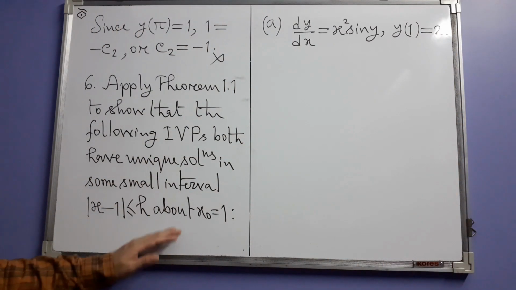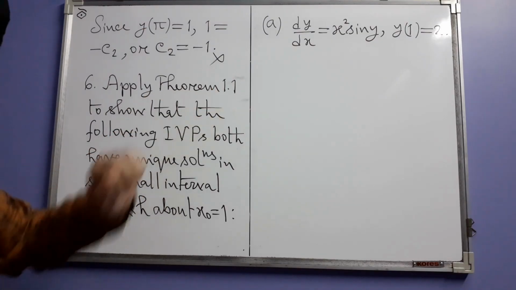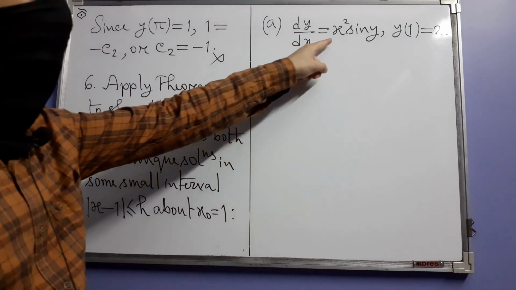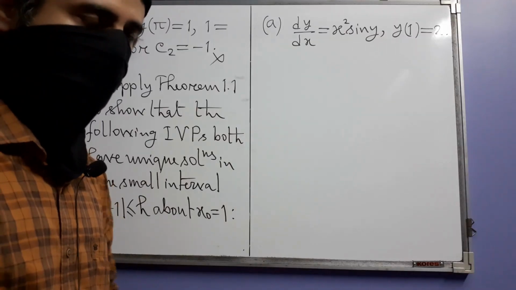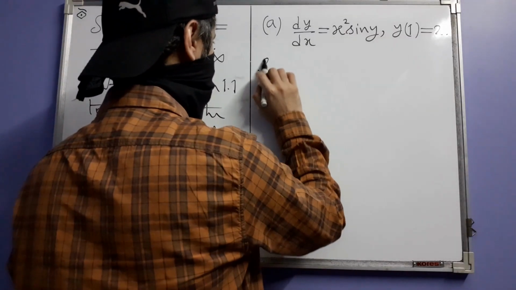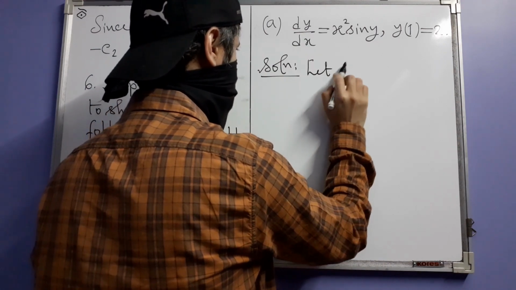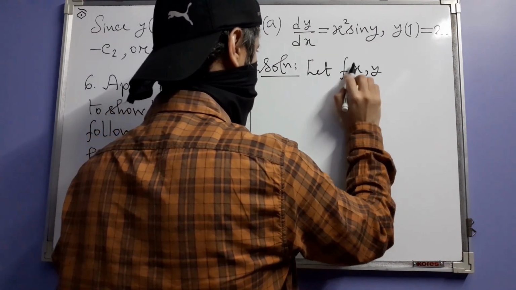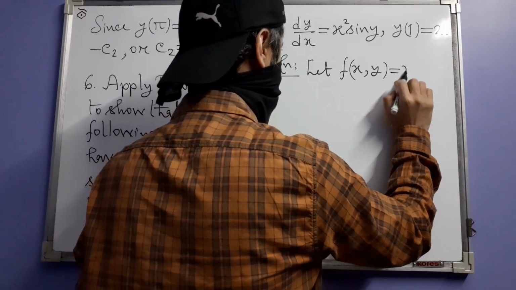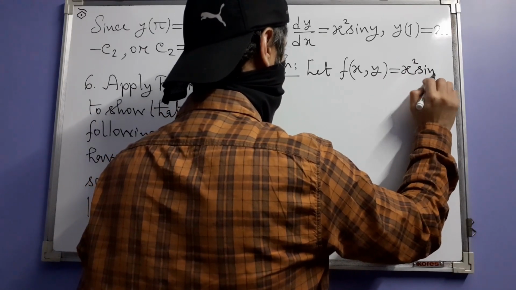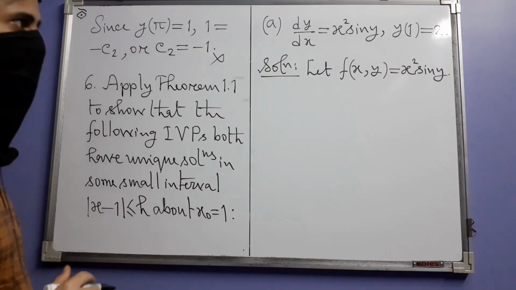So according to how the theorem is stated, let us first call this side some function f of x comma y. Let this be x square sine y.